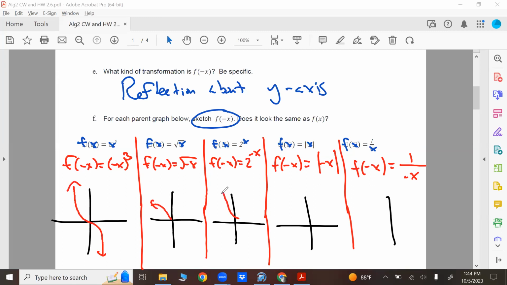That looked like this. That still looked the same. And that looked like this. And then I'll do the parent functions in blue.